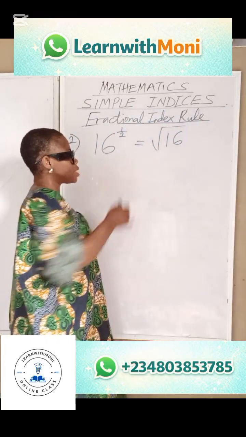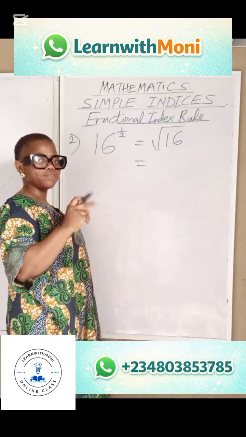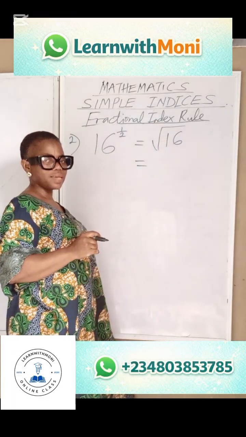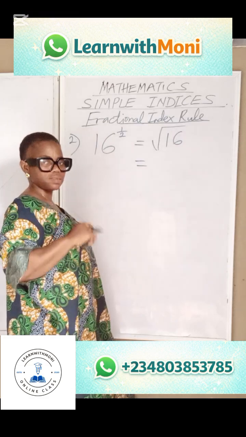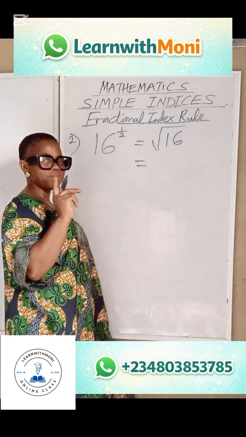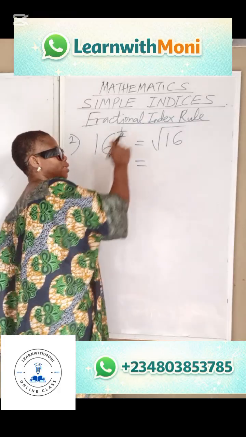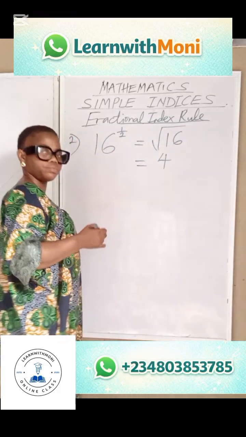Square root of 16 means what is the number which when multiplied by itself 2 times will give me 16. That takes you to your 4 multiplication table. 4 times 4 is 16. 4 is the only number which when multiplied by itself 2 times will give 16. And the square root of 16 is 4.